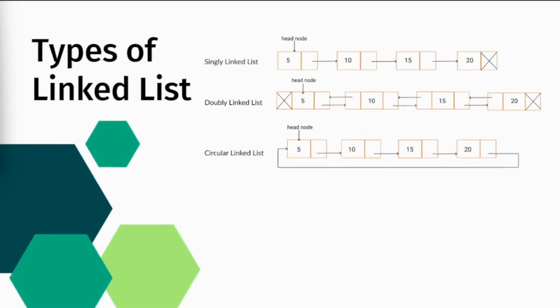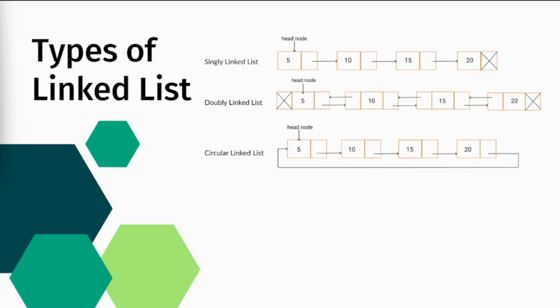Next, we will cover the types of linked list. There are three types of linked list: singly linked list, doubly linked list, and circular linked list. As the name suggests, a singly linked list is the simplest form of the linked list.